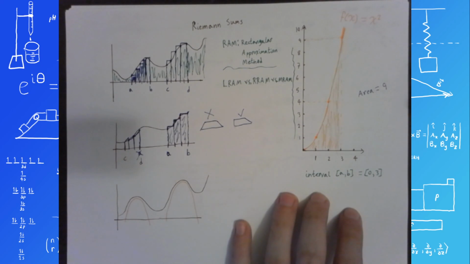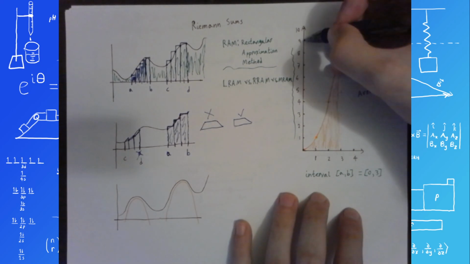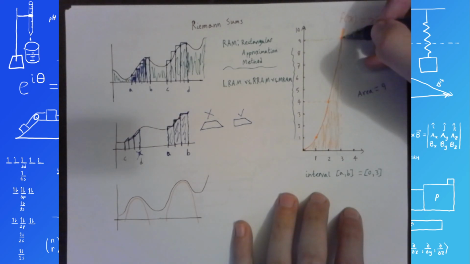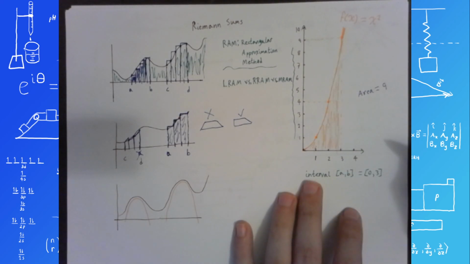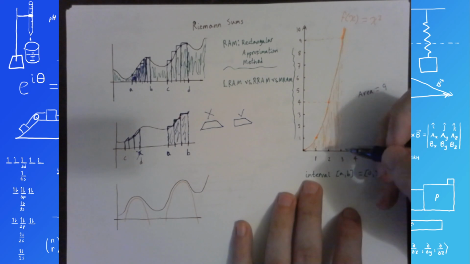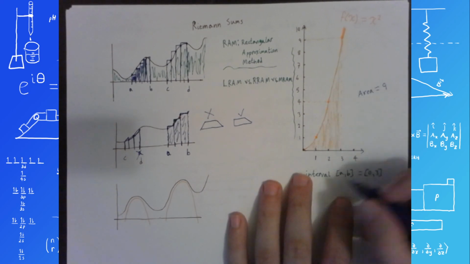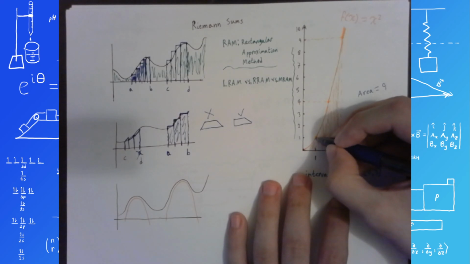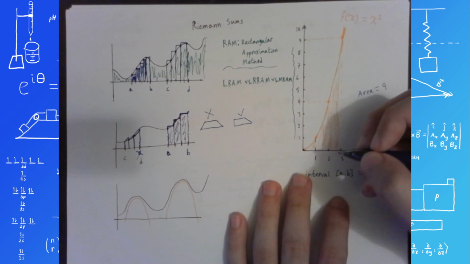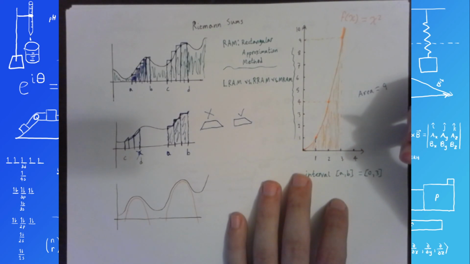What if we just approximated this as 1 rectangle with a height of 9 and a width of 3? Then we would be severely overestimating this area as 3 times 9, 27. What if I increase the number of rectangles from 1 to 3?